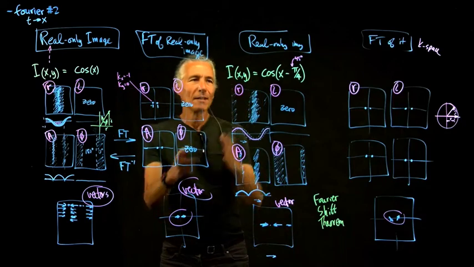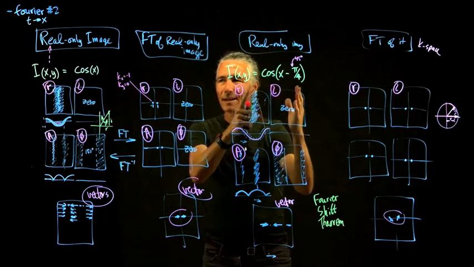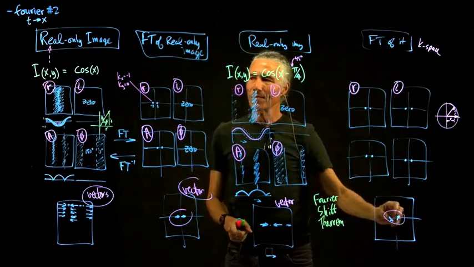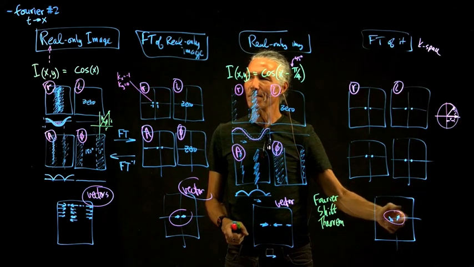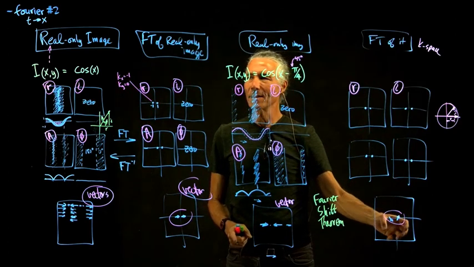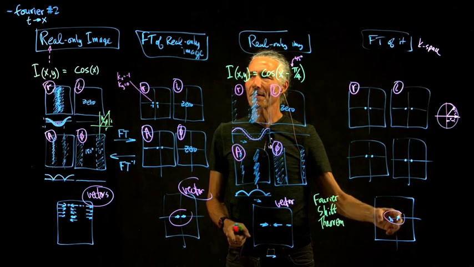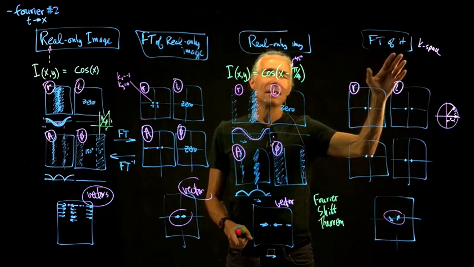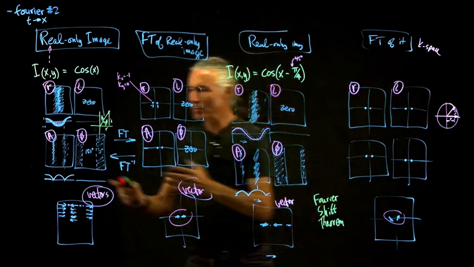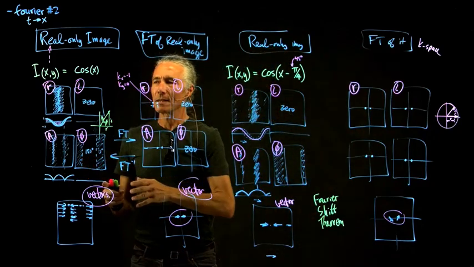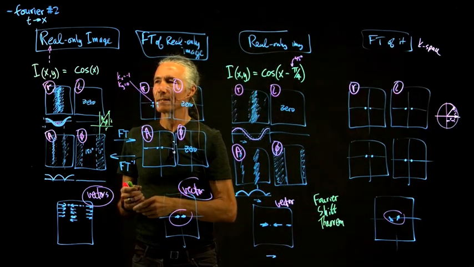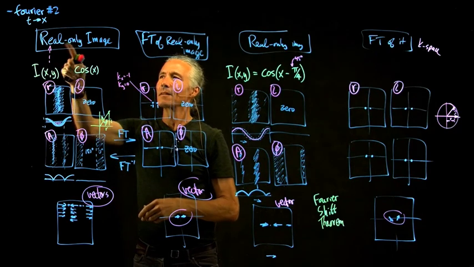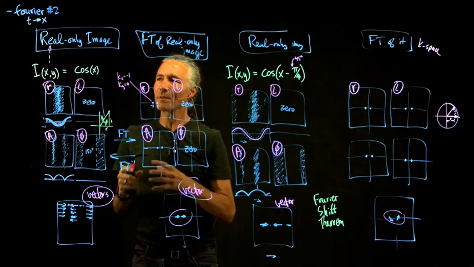We just moved the cosine off to the side, and when we did the Fourier transform, it just messed with the phase. So a phase shift in the angle of the complex number in k-space equals an actual spatial shift in real space, in non-frequency space.